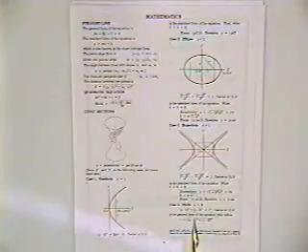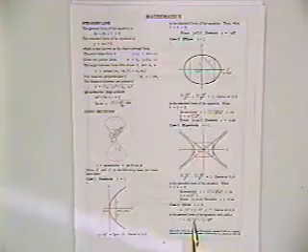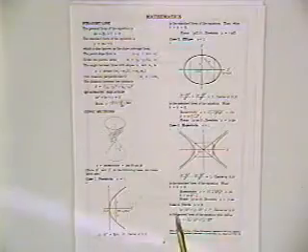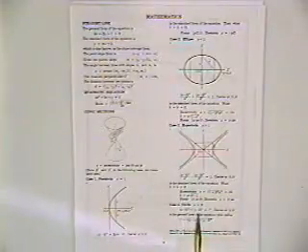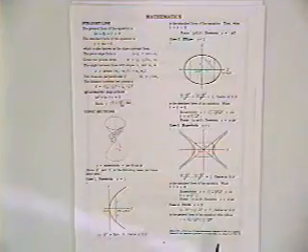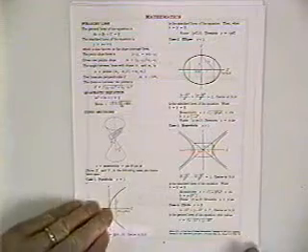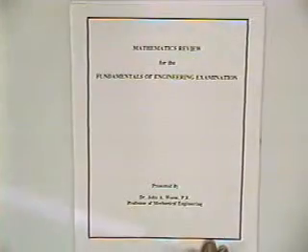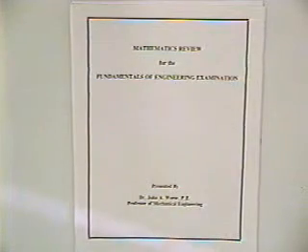The most commonly encountered form of a conic section is the circle, and the equation for the circle is shown here. X minus h quantity squared plus y minus k quantity squared is equal to r squared, where r is the radius of the circle. And this general form of the equation of a circle is found throughout mathematics.